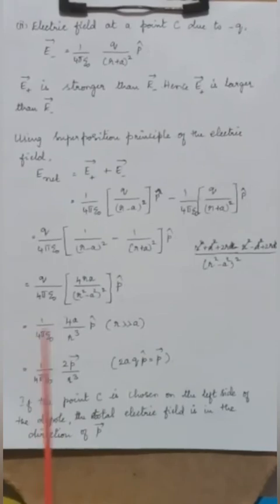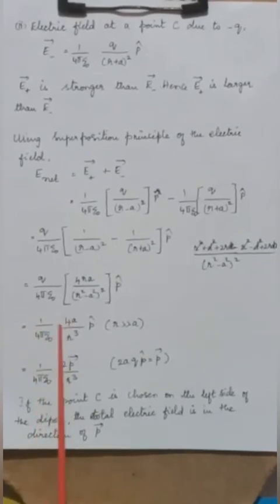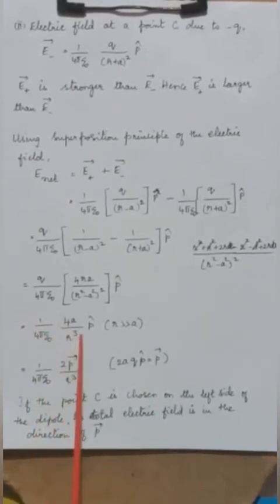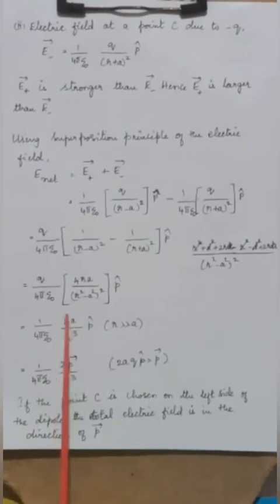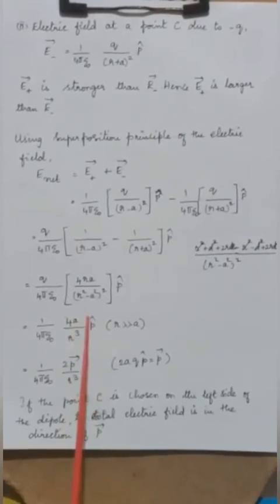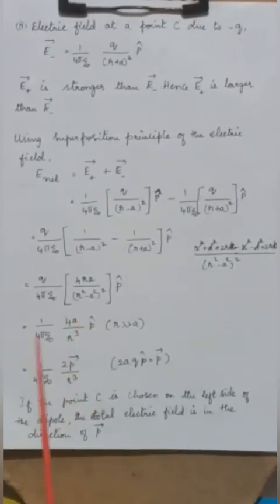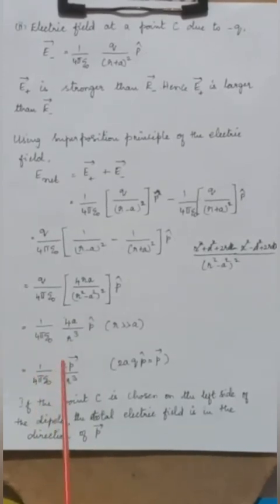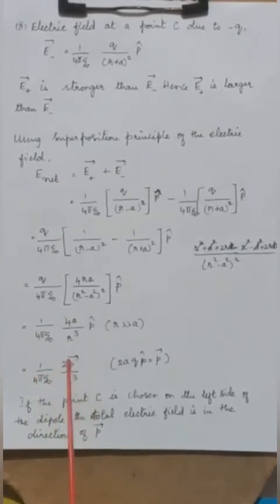So here you have q by 4 pi epsilon naught 4a by r cube, where I can write this 4a as 2 into 2a, so that turns into p vector. So this will give me an answer which is 1 by 4 pi epsilon naught 2p by r cube vector.